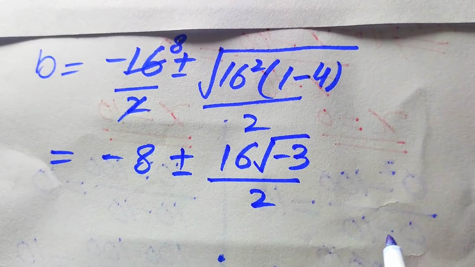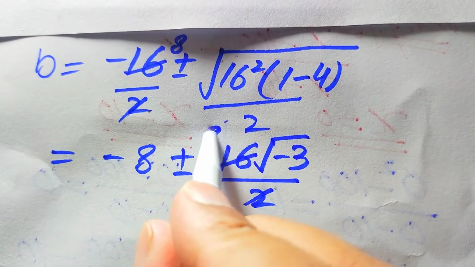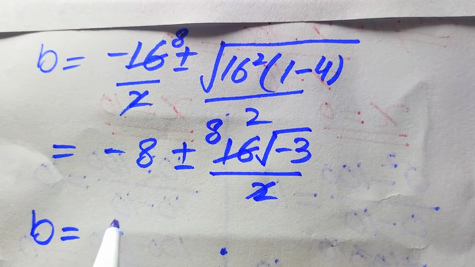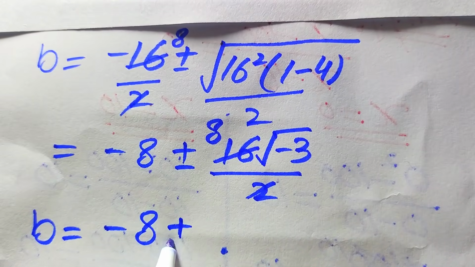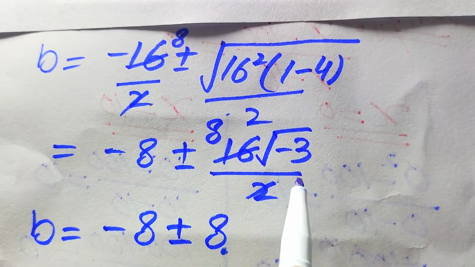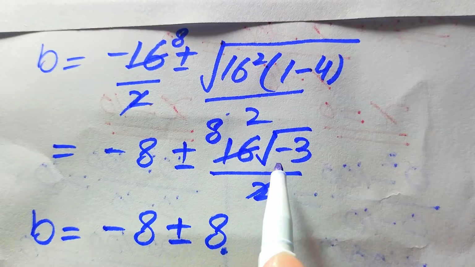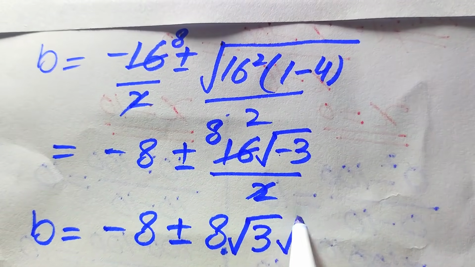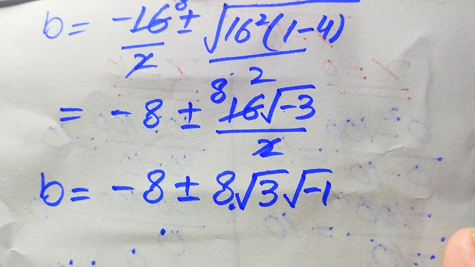In the next step, 16 divided by 2 becomes 8, and we have the values of b is equal to minus 8 plus minus 8 times, and here we break the square root sign and apply it separately on both values, and we get square root of 3 into square root of minus 1.